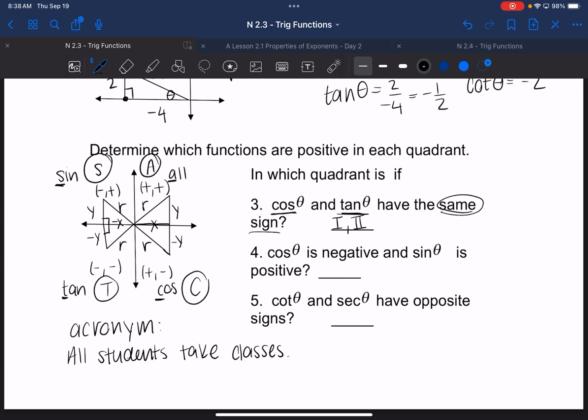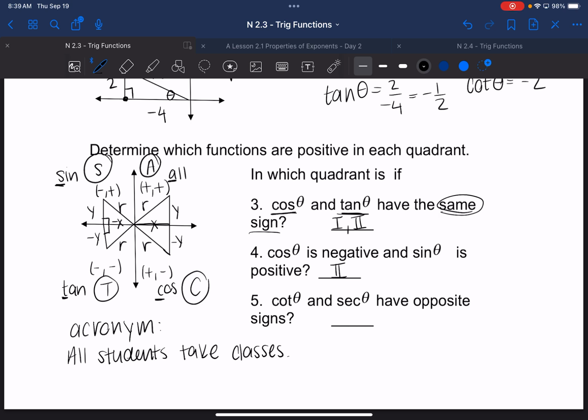Okay. All right, number 4 says they're looking for where cosine is negative and sine is positive. So cosine is negative in 2 places, right? In 2 and 3, but they want sine to be positive at the same time. Well, where's the only place that's going to happen? 2. All right.